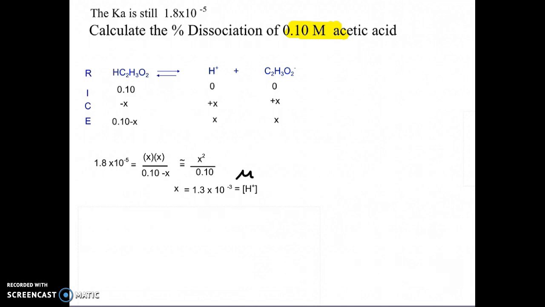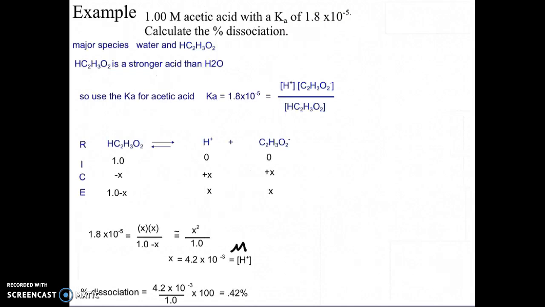Let's just go back to this page. What was the hydrogen ion concentration here? It was 4.2 times 10 to the negative 3. So interesting, that hydrogen ion concentration is larger for the 1 molar, but that's because it was a higher concentration. And look at what the percent dissociation was, 0.42.